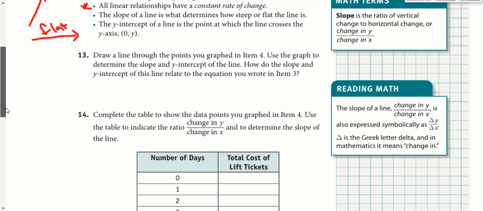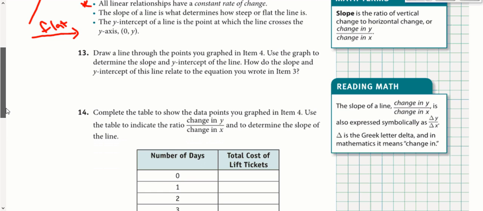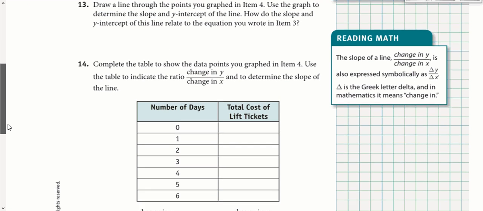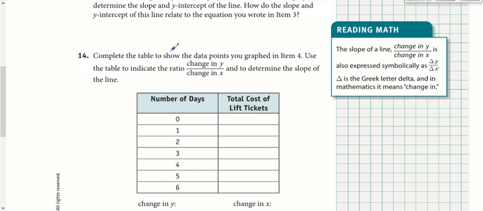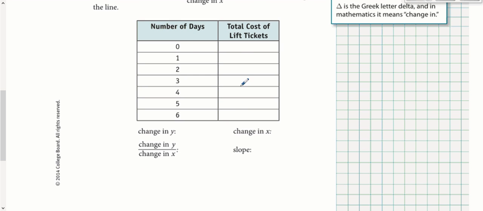Number 13 says draw a line through the points you graphed in item 4. Use the graph to determine the slope. Okay, you should be able to do that. And then complete the table to show the data points you graphed in item 4. Use the table to indicate the ratio change in y over change in x. Seems like this is the same table you should have from that very first page, just shown in a vertical table instead of horizontal.